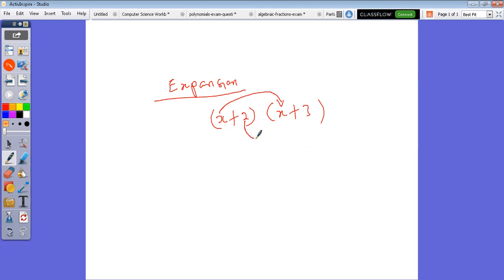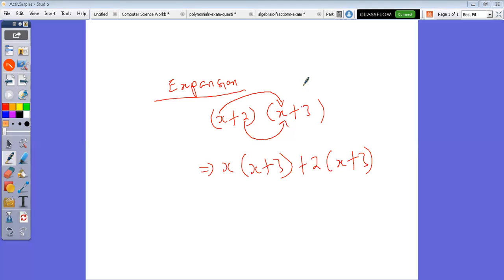Then 2 multiplies everything in this bracket. So if I write that down, it means x brackets x plus 3, because this x is multiplying that term. Then we have a plus 2 there, plus 2 brackets x plus 3. Is that clear?